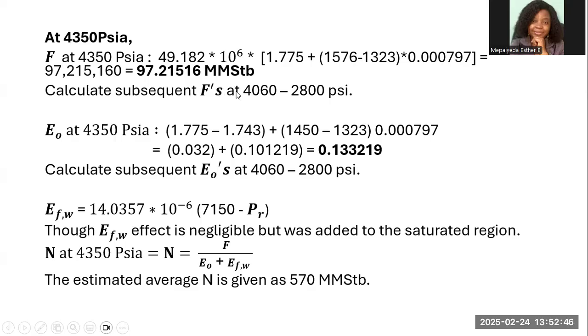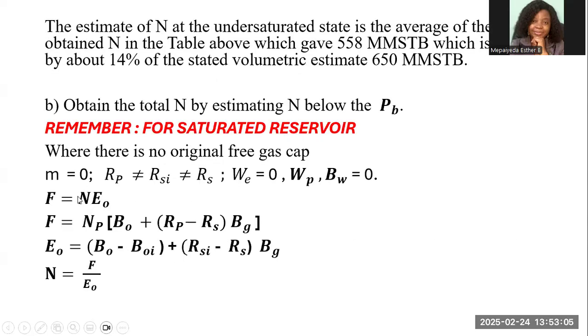So you are asked to punch your adding machines, your calculators, or use your Excel and calculate the Fs at 4060 to 2800 psi. Then the EO as well. The EO, you have BO minus BOI plus RSI minus RS BG.